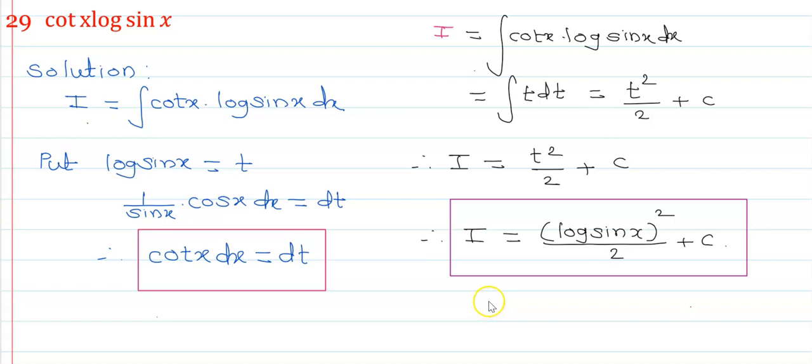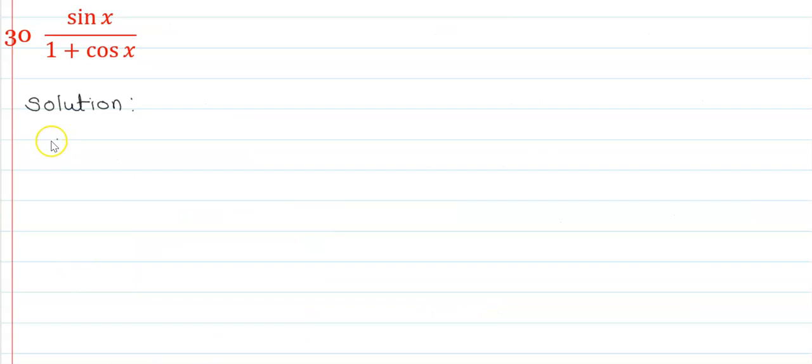Now the next question. I is equal to the integral of sin x upon 1 plus cos x dx. Now again here the function is 1 plus cos x. Its derivative is minus sin x. Okay, we can arrange the minus sign.